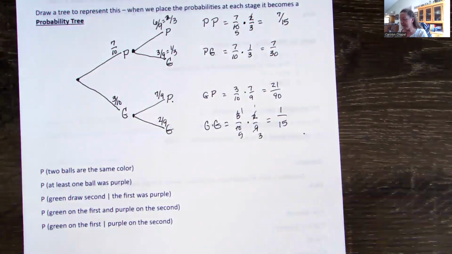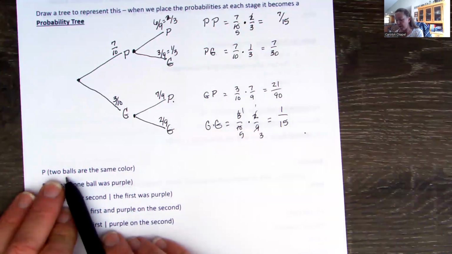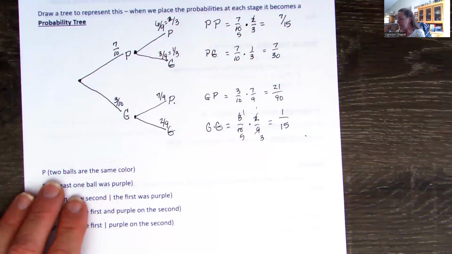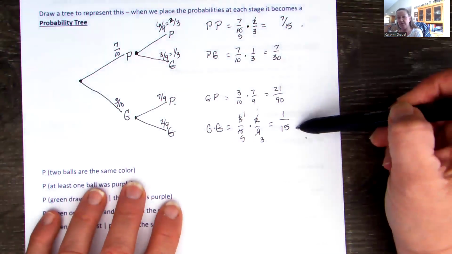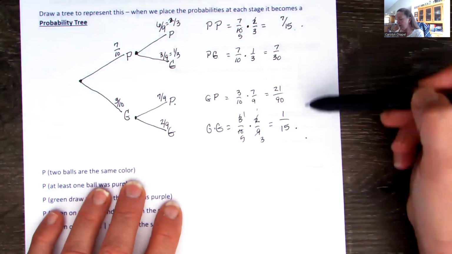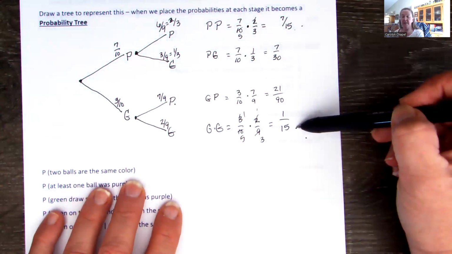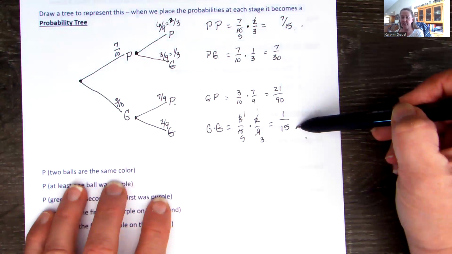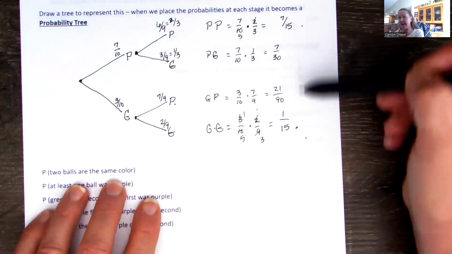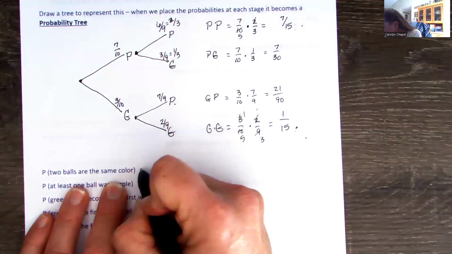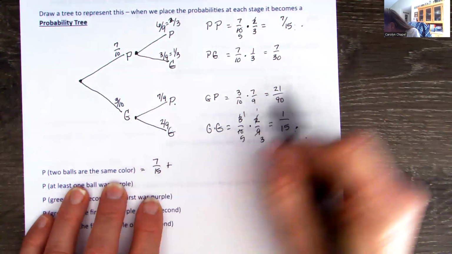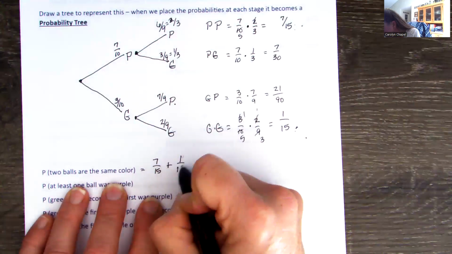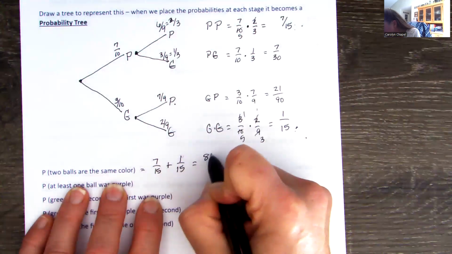Okay, but we want to find the probability that both balls are the same color. So that means we are purple, purple, or the green, green. These two are disjoint, mutually exclusive, have nothing in common, so we can add those two together. 7 out of 15 plus our 1 out of 15. 6 out of 15.